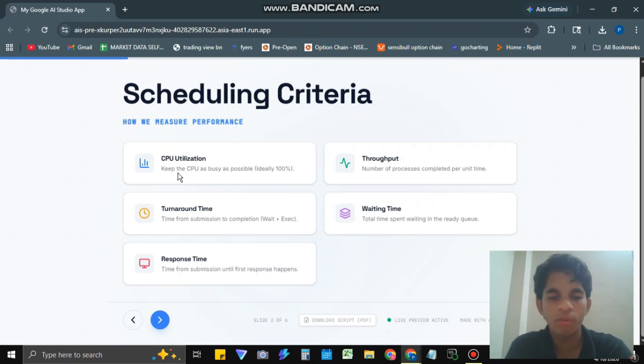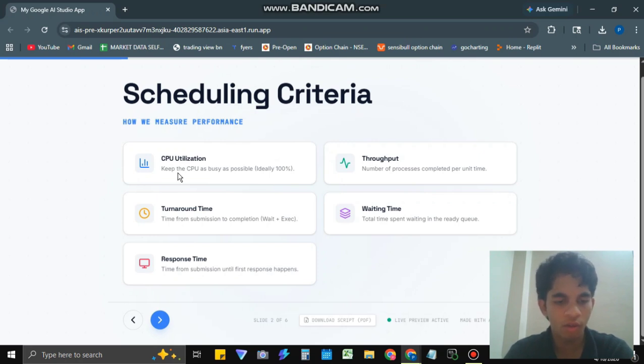Next is throughput. In simpler language, it means how many tasks we are finishing every second. The next point is turnaround time. This is basically the total time starting from opening the app to finishing its loading process.